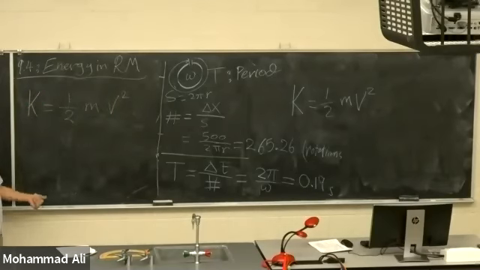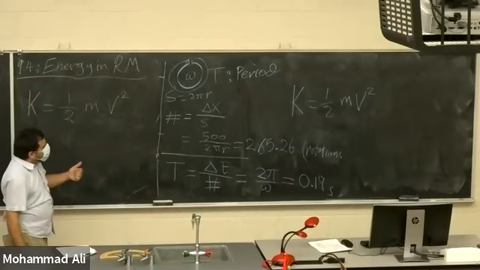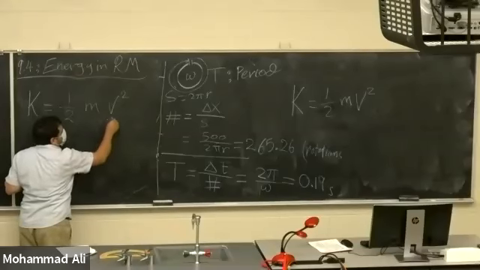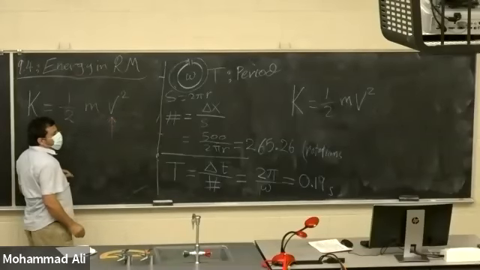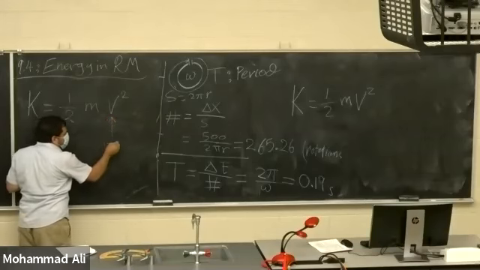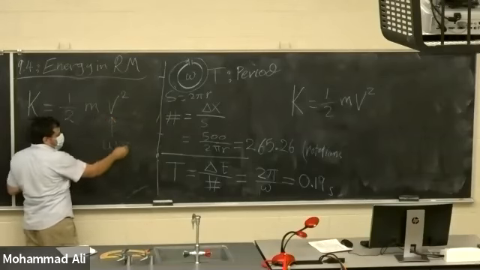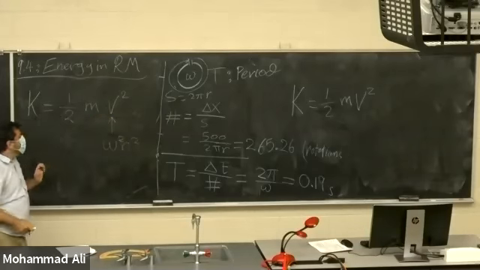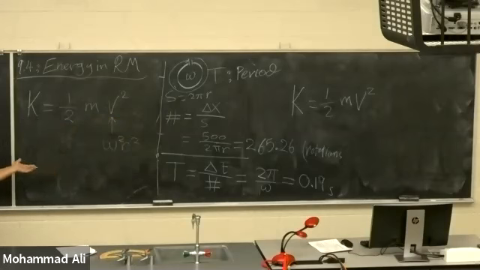But now we learn a new thing about V. We know that V is equal to omega r, but it is squared. So square, square. Is that right?